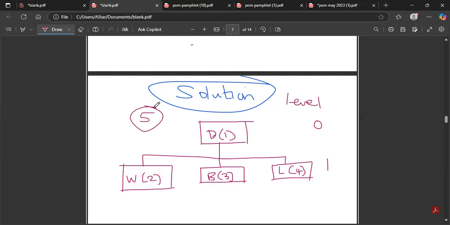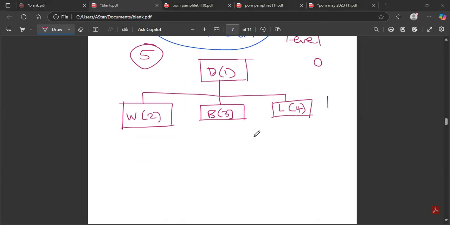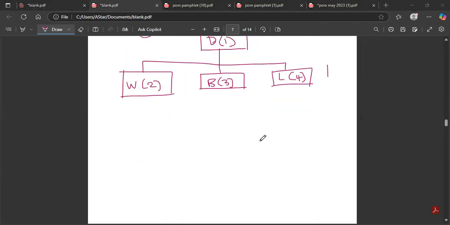Is that clear? Are we together so far? Yes. So this is how you go about the product structure tree. Now you need to start preparing the MRP.